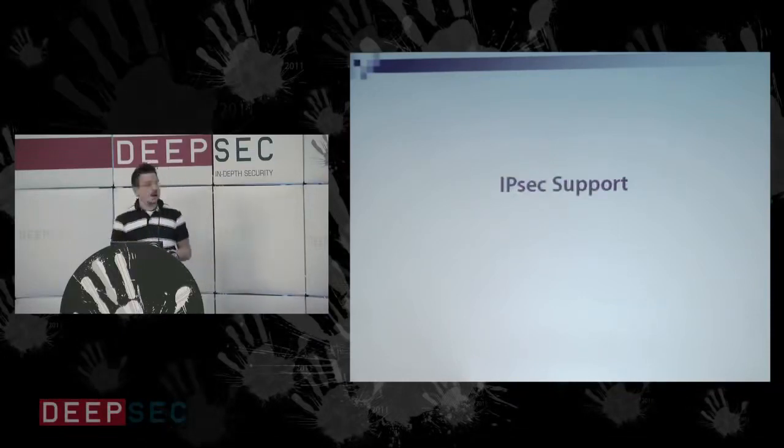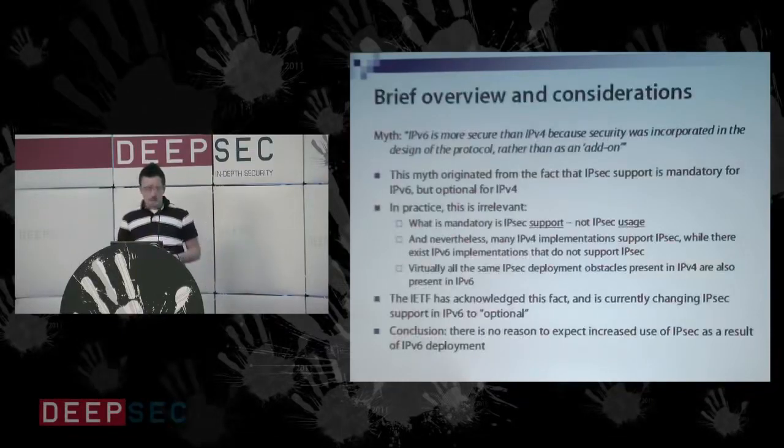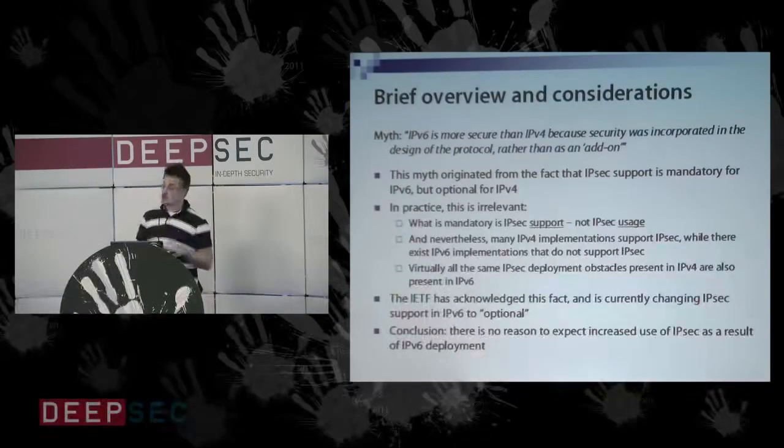A couple of comments about IPsec support. Many people argue that IPv6 is more secure than before because supposedly it has support for IPsec. If you look at the specifications, they say that in the case of V4, IPsec support is optional, but in V6, it's supposed to be mandatory.